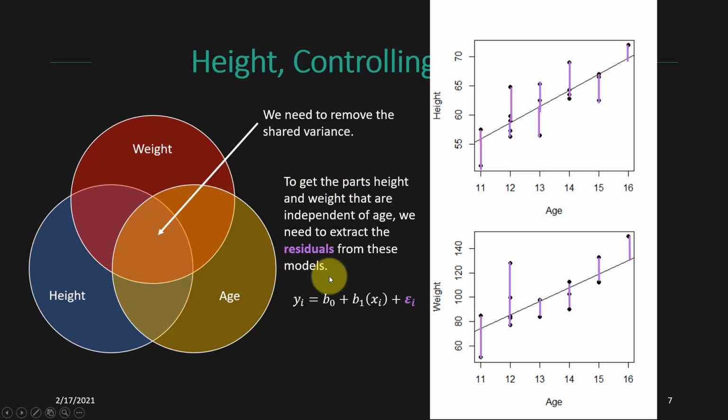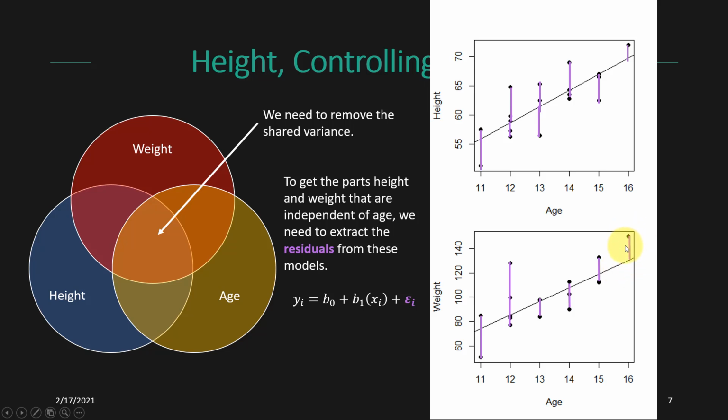Computationally, we're going to have the computer do this, but what we are conceptually doing is making a new variable that's no longer height in its raw units, but it's the residuals of height that we're taking. And similarly, it's no longer weight in its raw units, but it's the residuals of weight that we're taking.